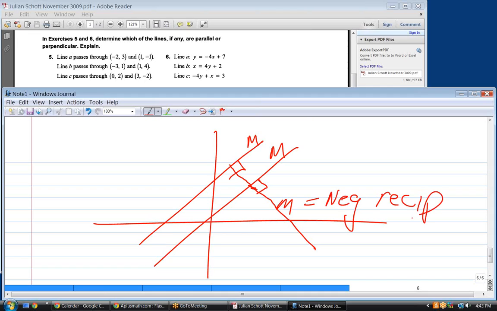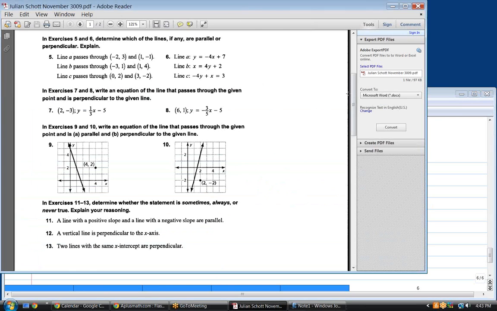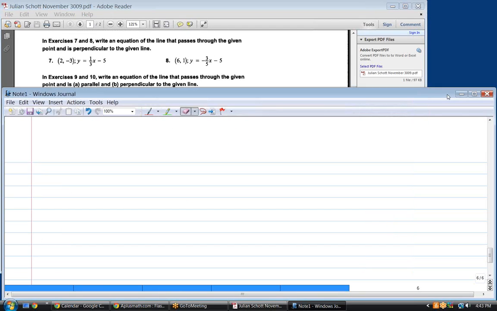So it would have to be perpendicular to the second parallel line as well. That's more geometry than algebra, but mostly tonight we're talking the same stuff I'm working with my algebra students.